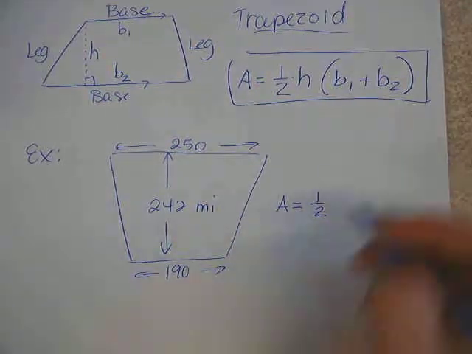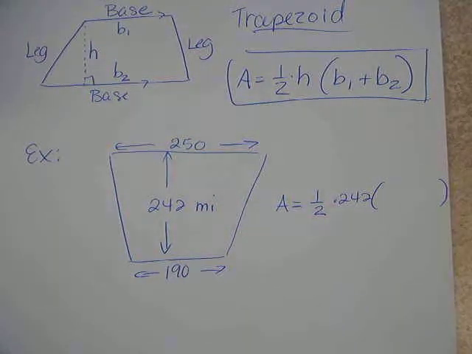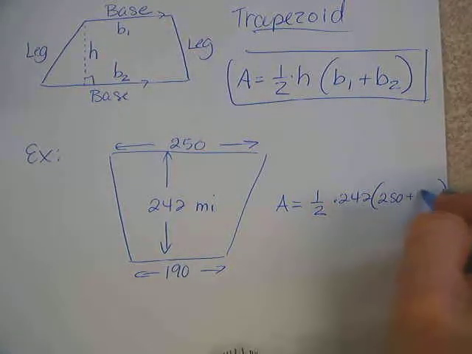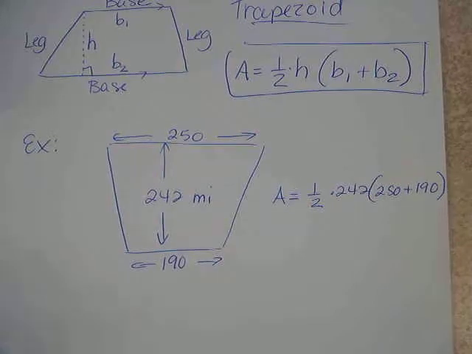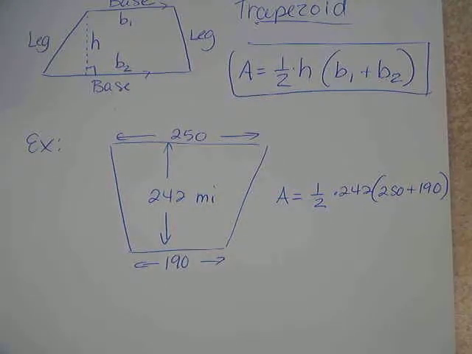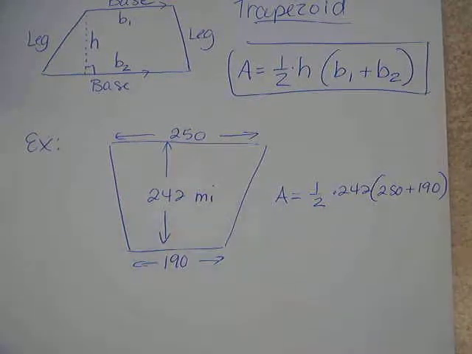So in this case, we'd have half of our height times the sum of our bases, so 250 plus 190. How you apply order of operations from here is up to you.